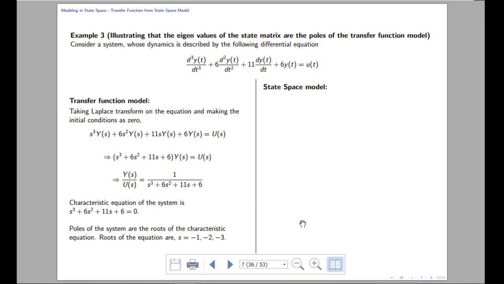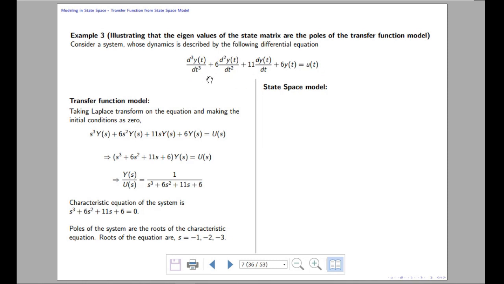Or if I give you a mechanical system, you will take the displacements as one state variable and all the velocities as another set of state variables. But here there is no such clue, because we do not know what system is represented by this differential equation.